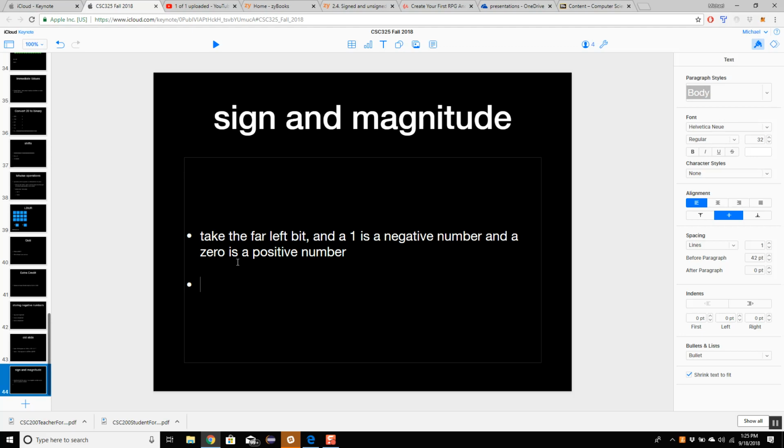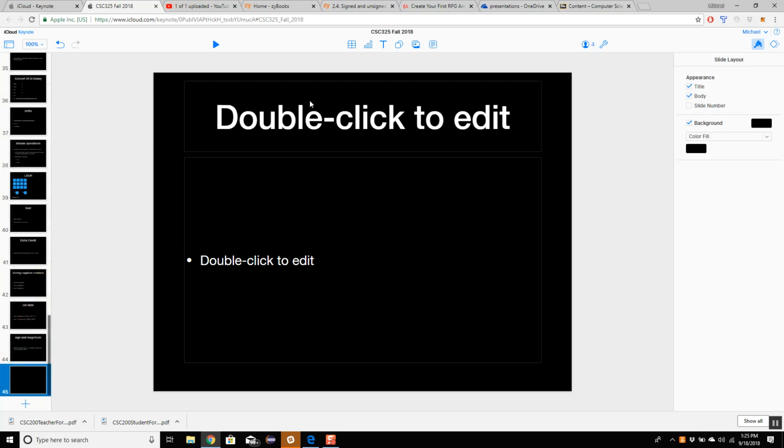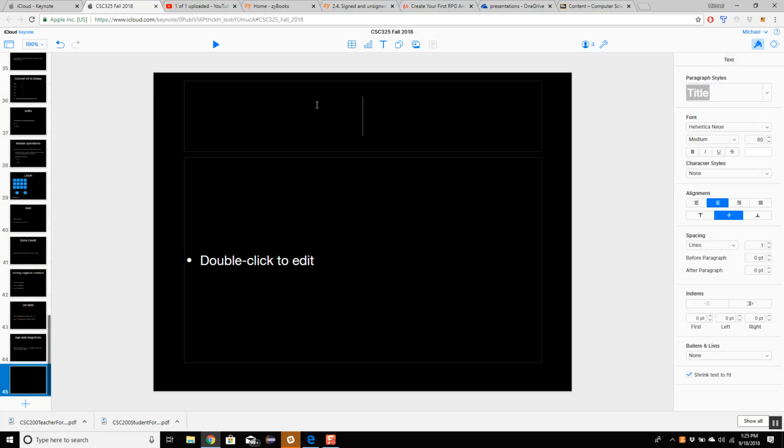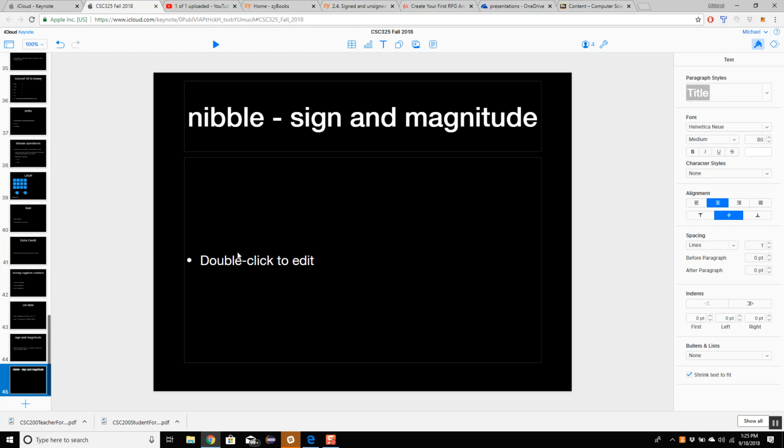Let's do it with 3 bits. Actually, let's do it with 4 bits so we can look at nibbles. So we have nibble, sign, and magnitude. Let's look at our values for nibbles.